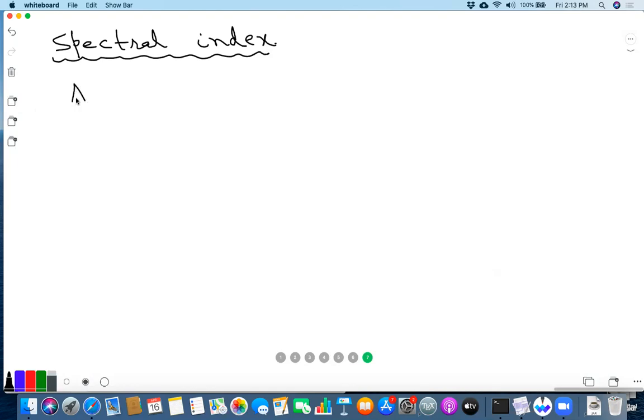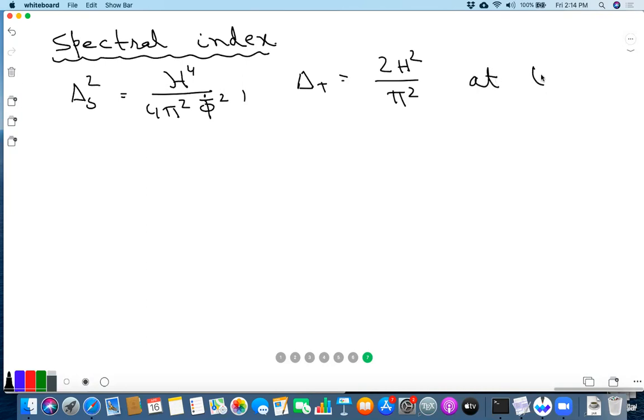So let's recall, we have this formula: delta S squared is H to the 4 over 4 pi squared phi bar dot squared, and delta T squared is 2 H squared over pi squared. And this has to be calculated at horizon crossing, at t star.